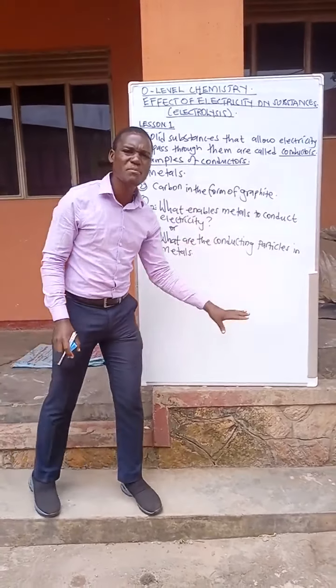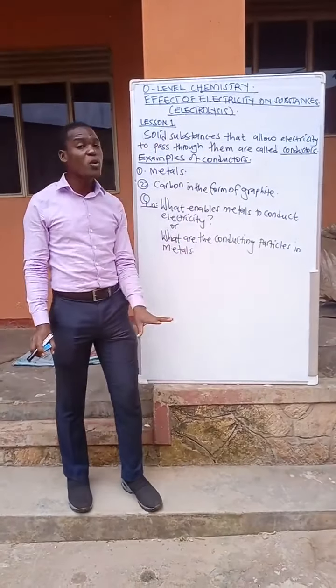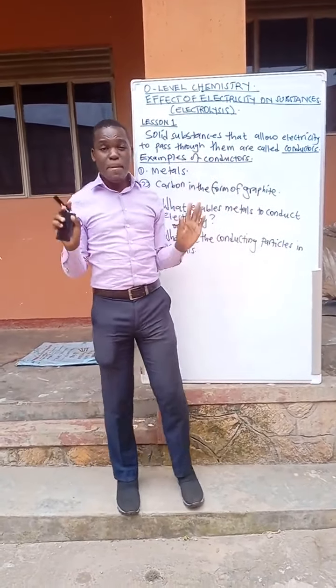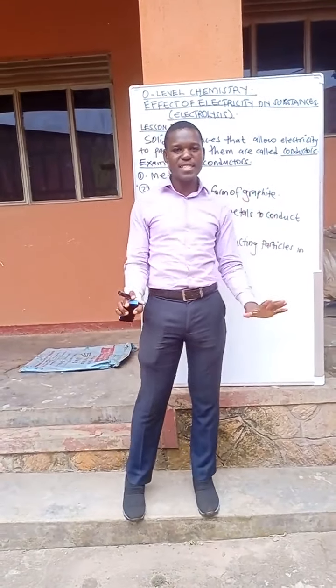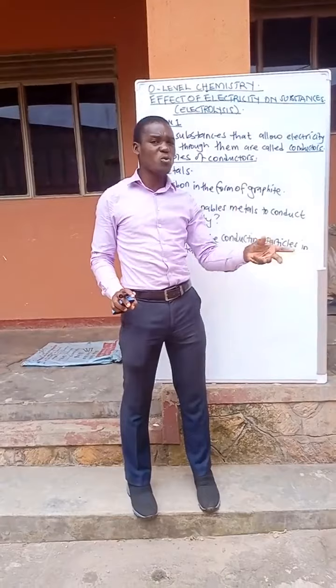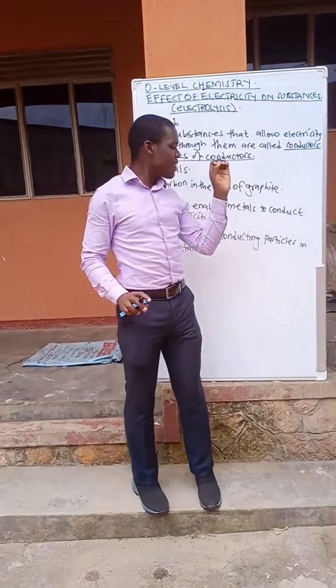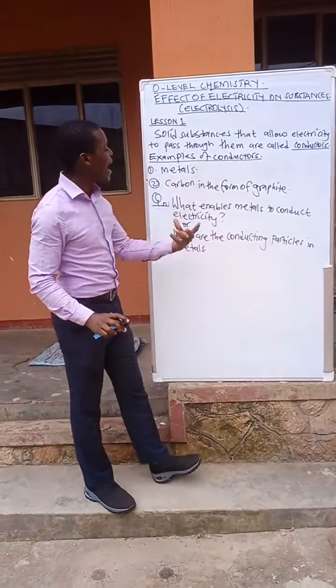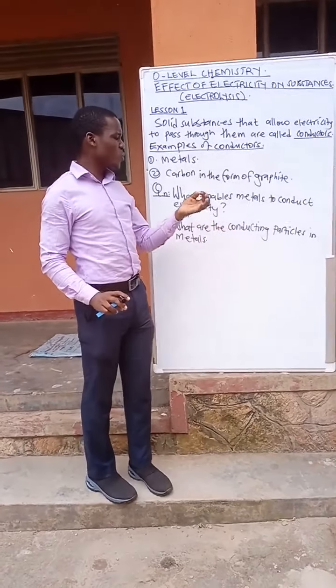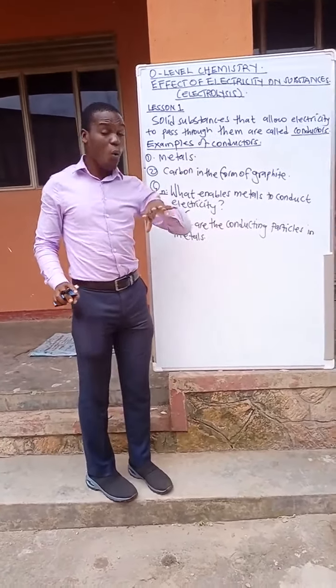What enables these metals to conduct electricity? Because when we say that metals are conductors, it simply means that metals have got those particles that enable them to conduct electricity. And that's the question I want us to answer.